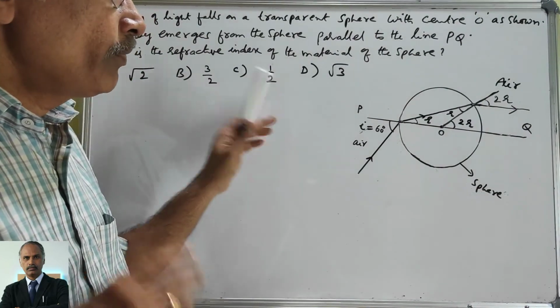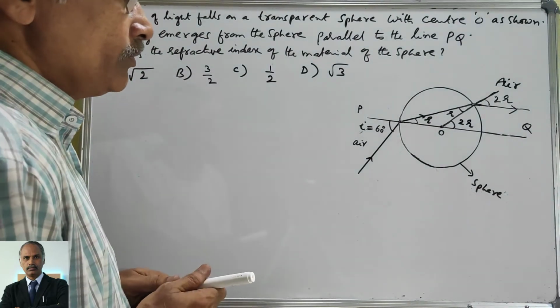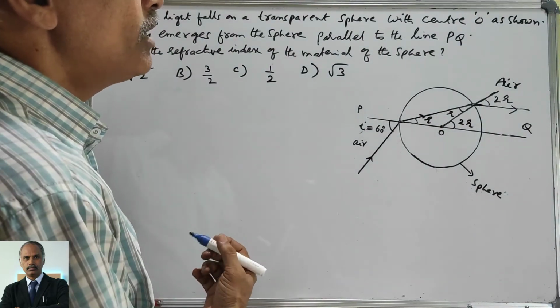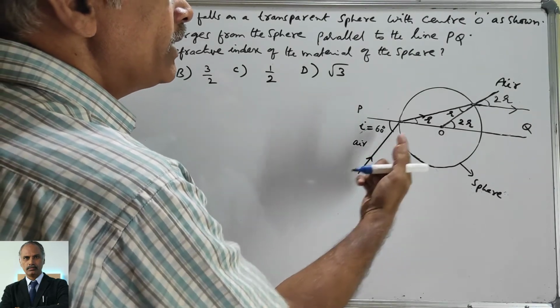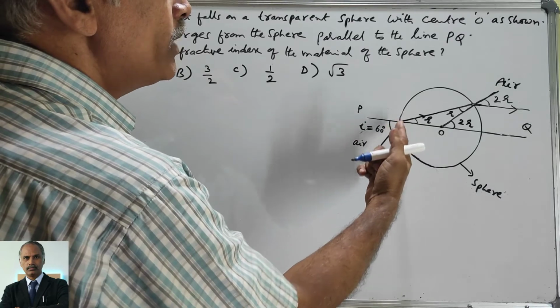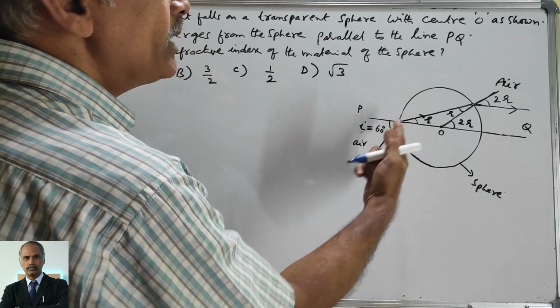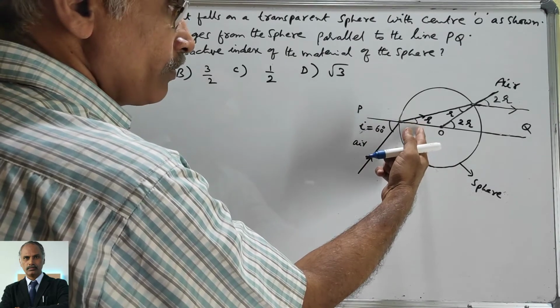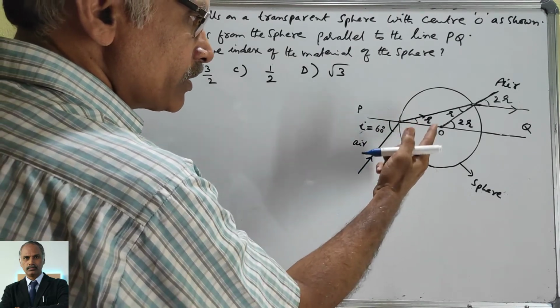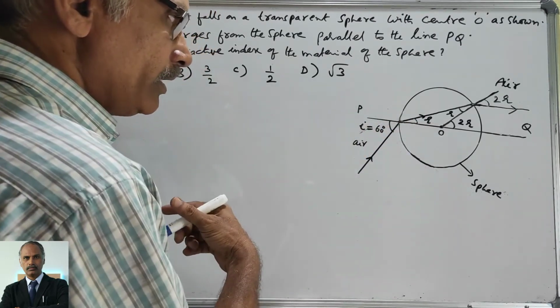Now from this figure, we apply Snell's law where the light is entering. So at this point, if we apply Snell's law, sin I by sin R, that is sin 60 by sin R, gives the refractive index of this material with respect to air.